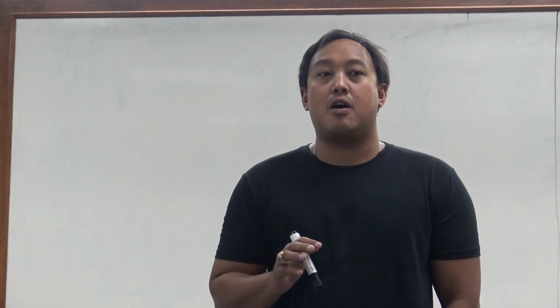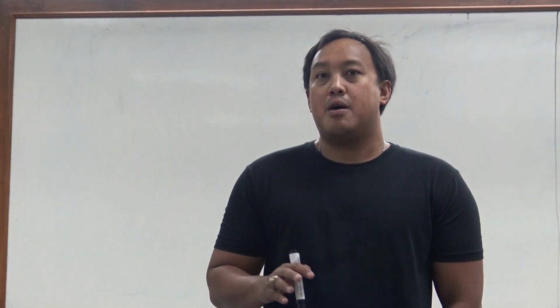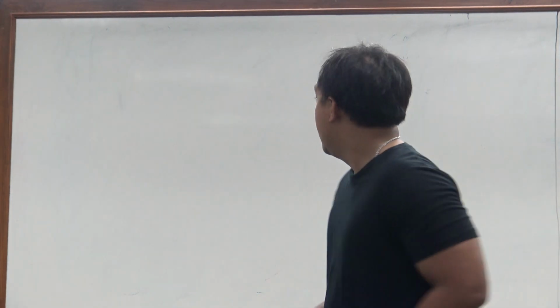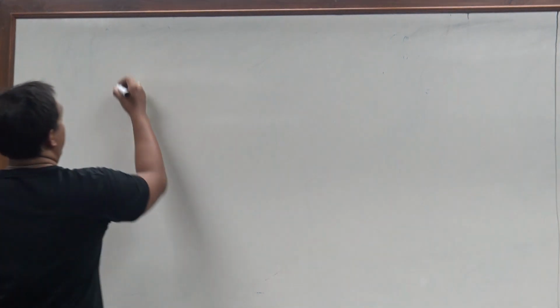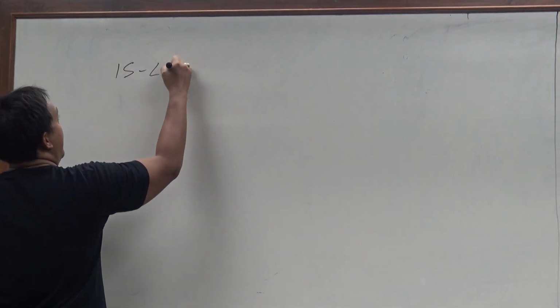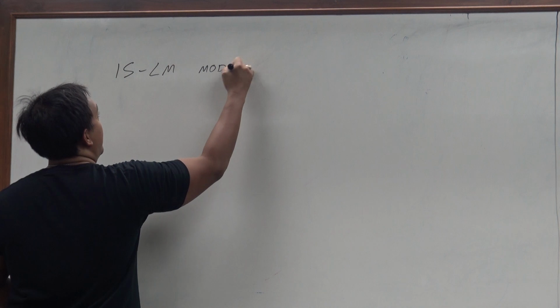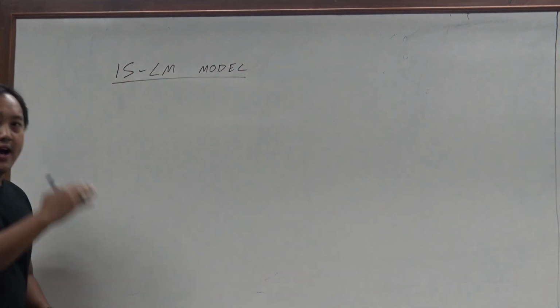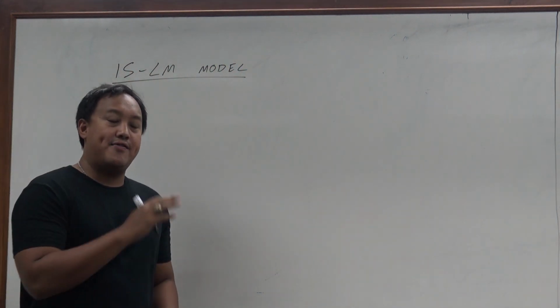Today we're going to talk about the IS-LM model, and this time we're going to apply it to an open economy. As we learned before, in the IS-LM model we have the IS curve and the LM curve.